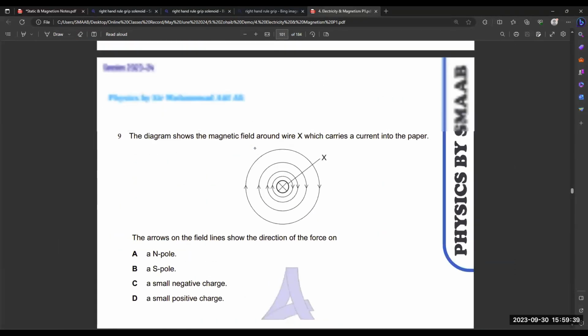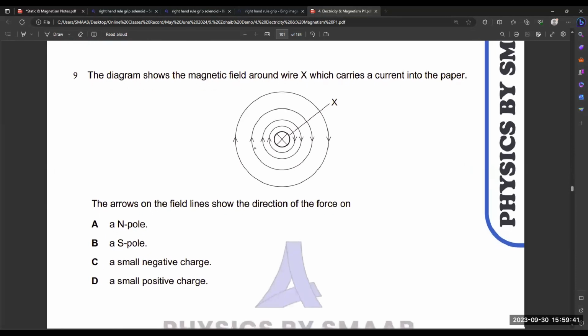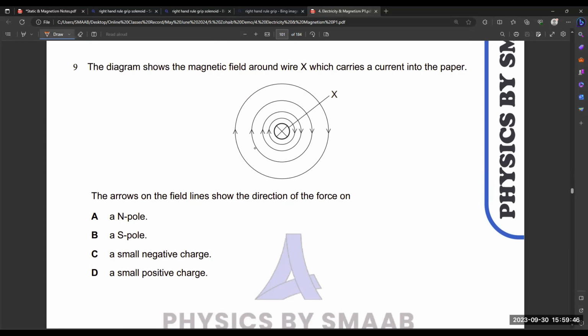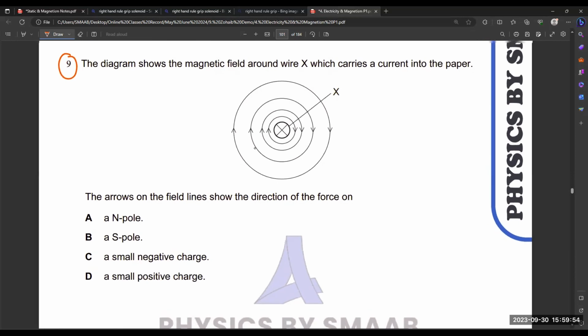Okay, so there are some questions related to electric motor. We are not going to solve that one right now. We only studied the concept of the conductor and the magnetic field. So first of all, we consider a question from that topic. The diagram shows the magnetic field around wire X, which carries a current into the paper.